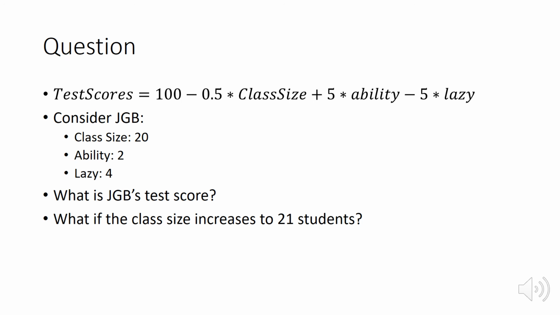It should change by 0.5, right? Because the class went from 20 to 21 students. Nothing else has changed. Minus 0.5 is the coefficient on class size. So now his test score should be 79.5 instead of 80. Everyone see why that's the case? Any questions so far?